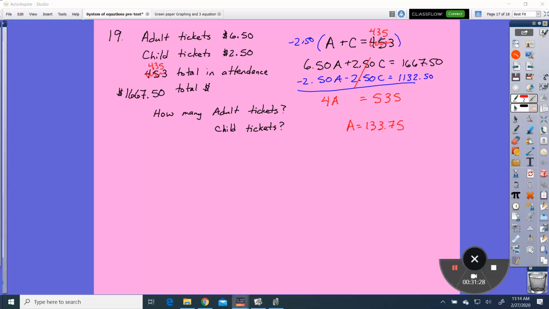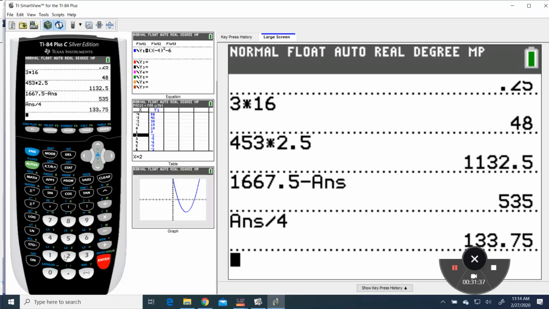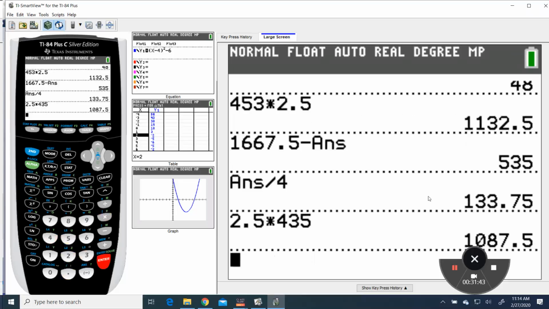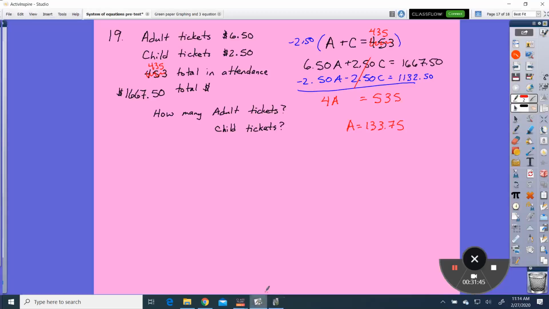I don't know if that's the only error, but I wrote down 453, but it should have been 435. So when I multiplied that by 2.5, 2.5 times 435 is 1087.5, and that's a negative.